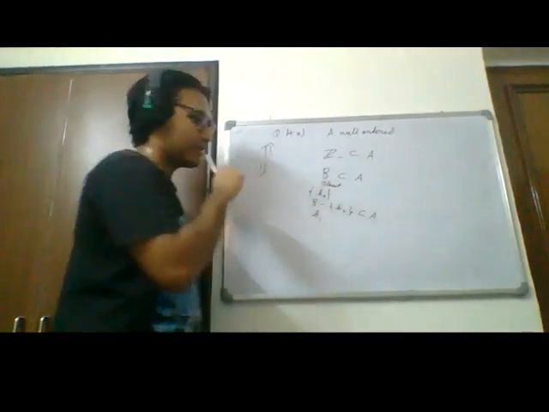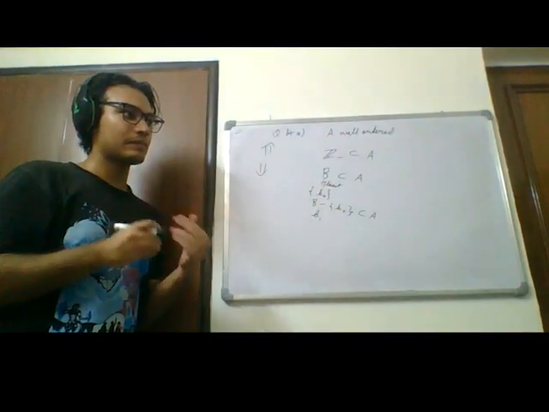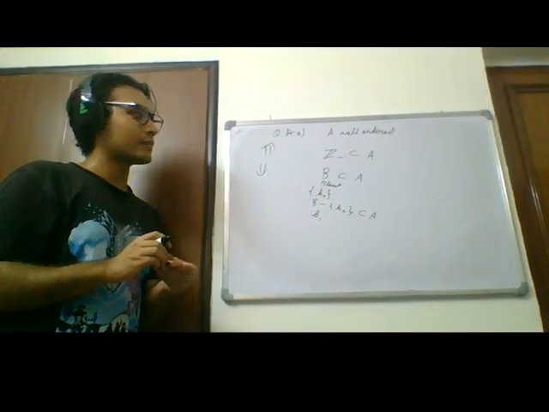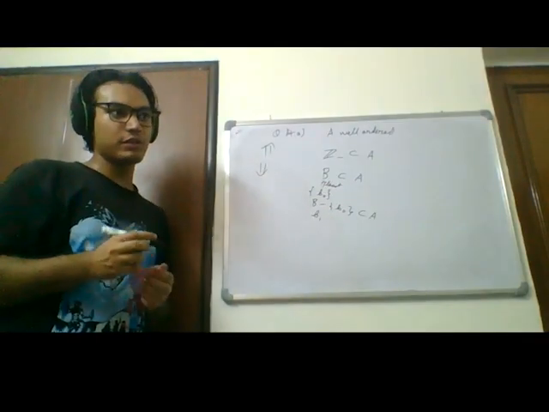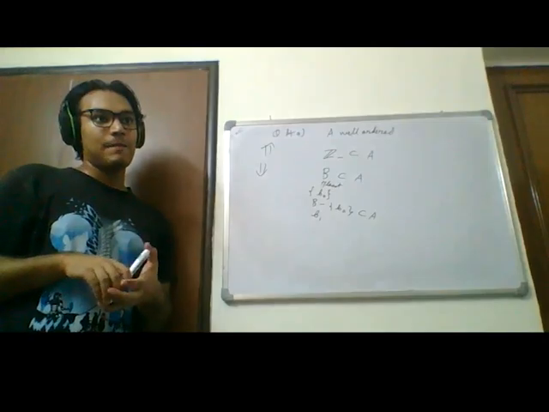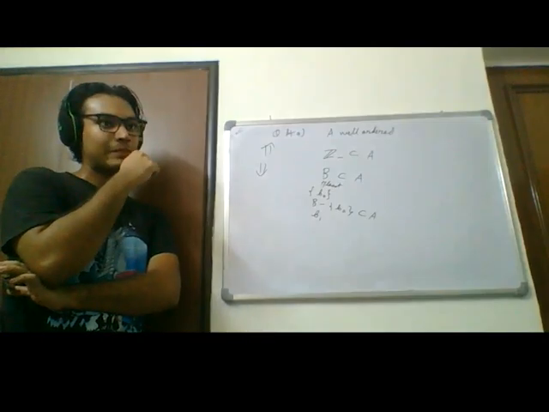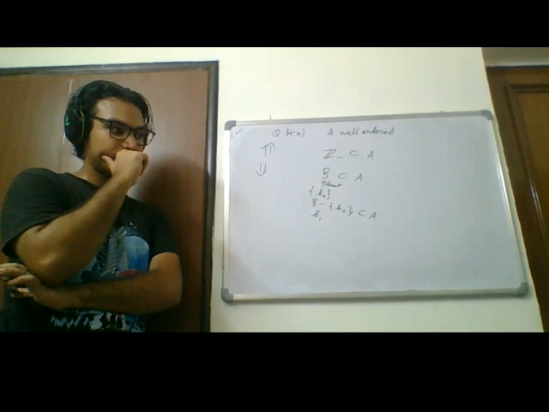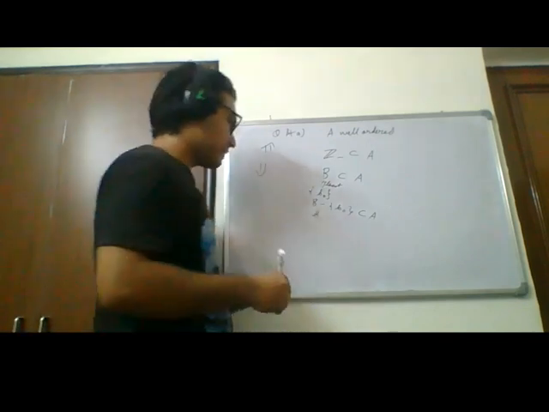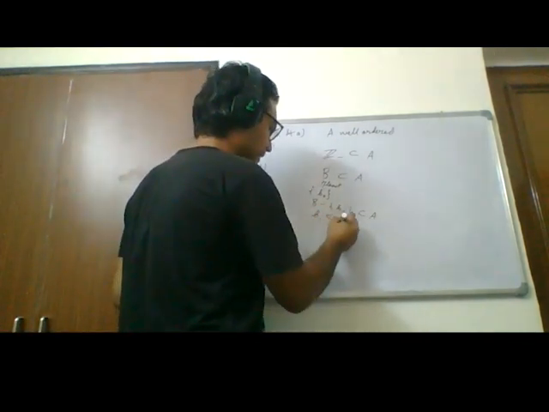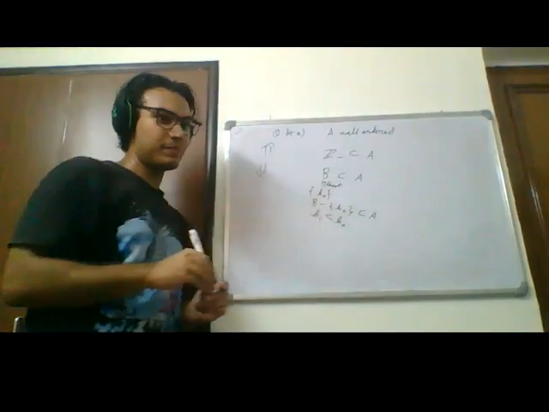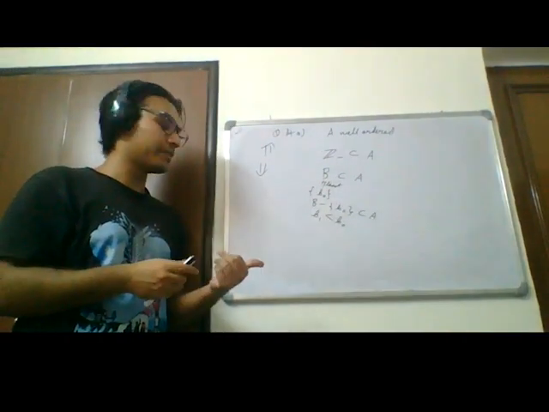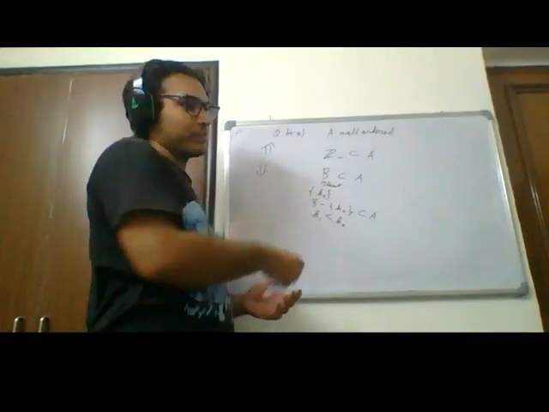And observe that A fails to be well ordered. Oh yeah, choose B1 less than B naught. This can be done because otherwise B naught would be the smallest element in B. And that's contrary to our assumption.